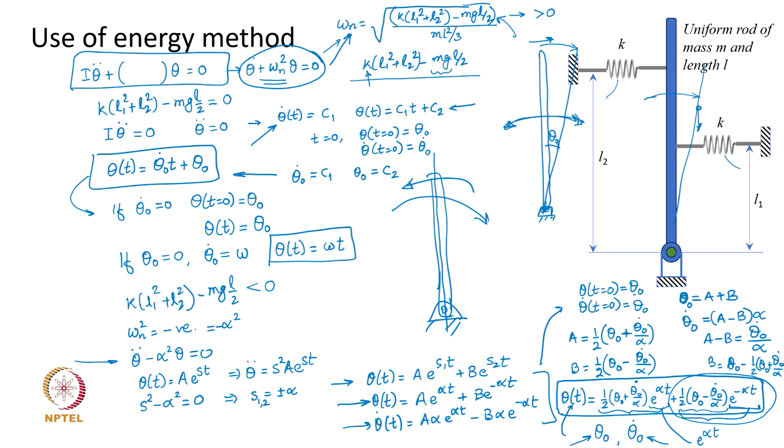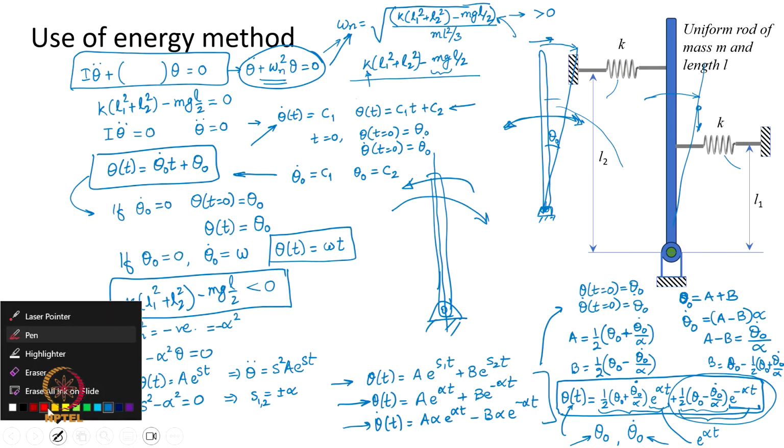So, when this condition is satisfied, you have an unstable vibratory response, irrespective of what the initial displacement or initial velocity is, which means that if the rod is disturbed, it will continue to move as time progresses.